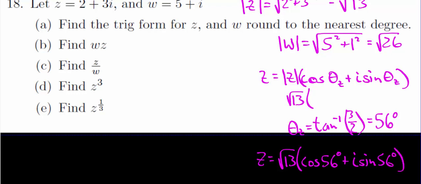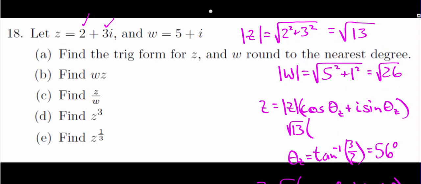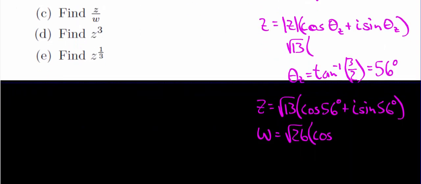Now we do exactly the same thing for w. w is equal to the square root of 26 cosine. Let me calculate that. We get 11 degrees, rounding to the nearest degree. Okay, there we go.